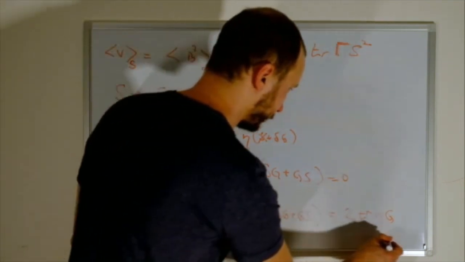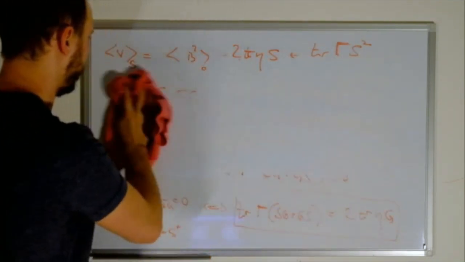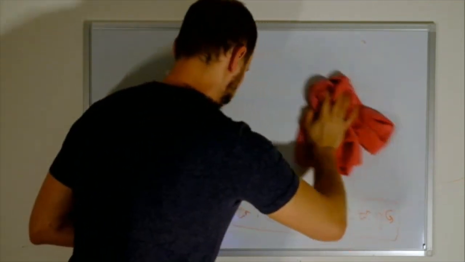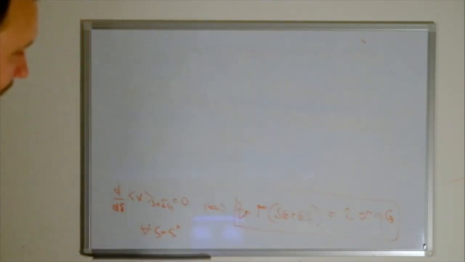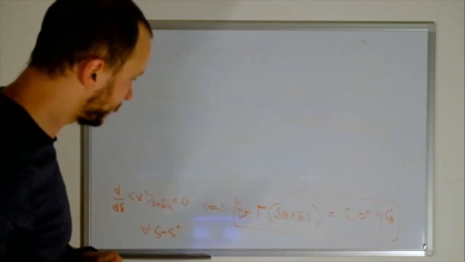This is the same. Now let me write it a little bit, so we'll see how nicely it comes at the end. We'll just reshuffle it using the cyclicity of the trace.